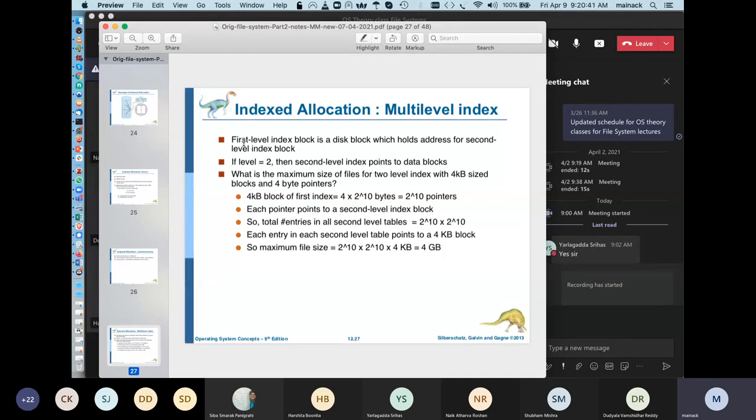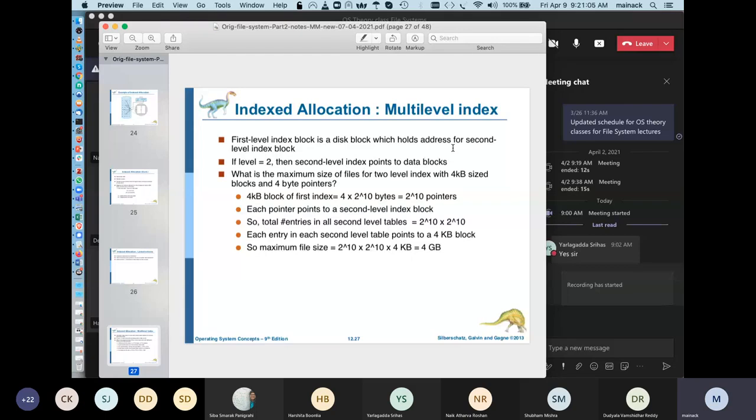But here, there is a first level index block, the original index block. And it points to a second level index block. And if you have the level equal to 2, which is generally the case, then the second level index block points to data blocks. If level equal to 3 in this multi-level index, that means that the second level index points to more index blocks.